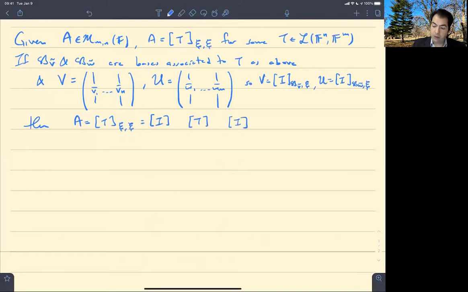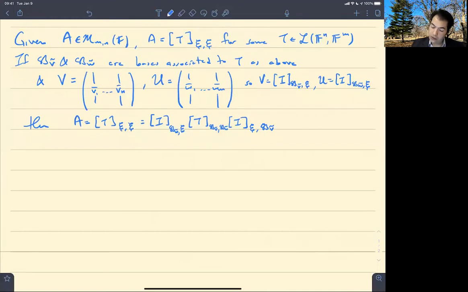And remember, this starts and ends with the standard basis, which means that in this composition, I have to start and end with the standard bases. But what I want to do is use here the matrix for T with respect to the bases for V and W, which means this one should end with the basis for V, and this one should start with the basis for W.